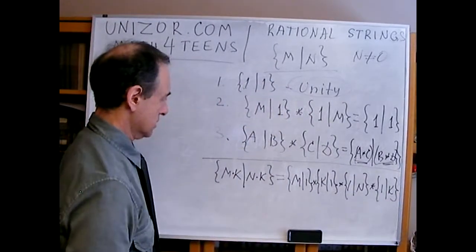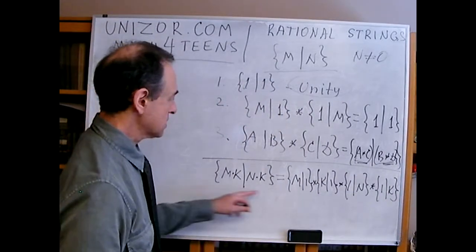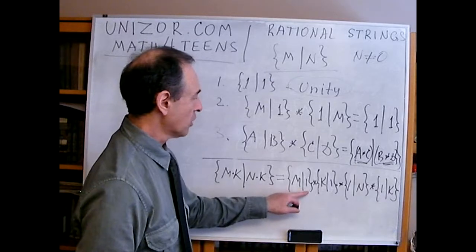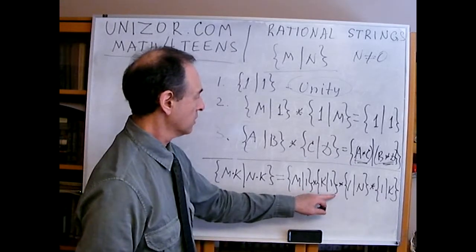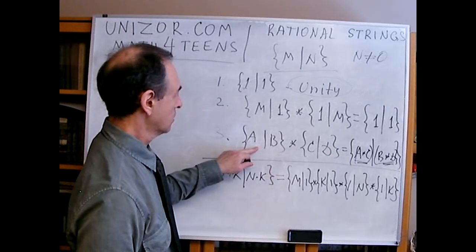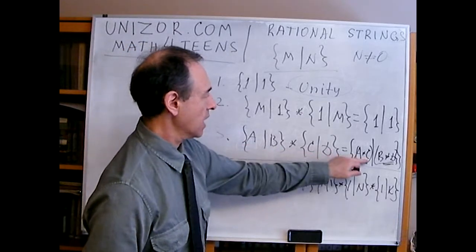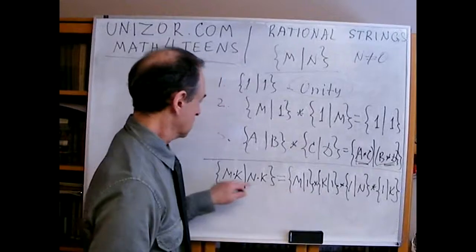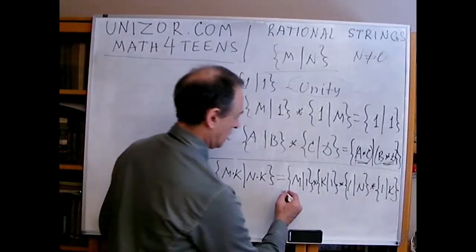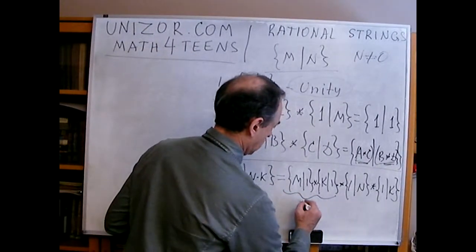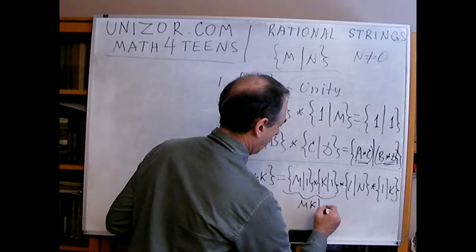Well, why is it? Obviously, if you multiply m over 1 times k over 1, according to this rule, it will be mk over 1 times 1, so this will be mk over 1.